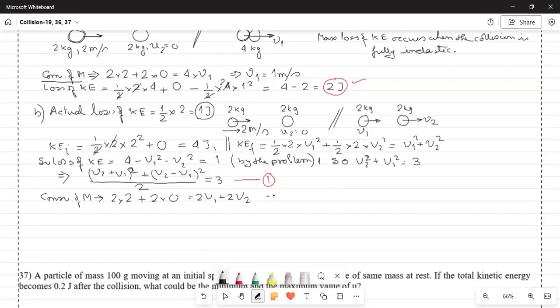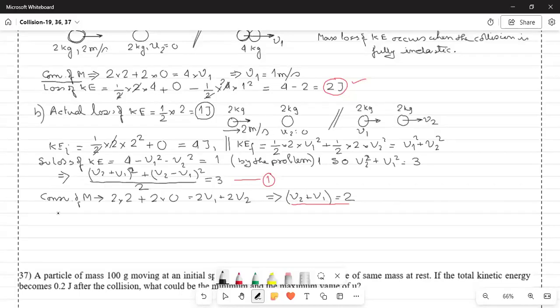So from here, we easily get v2 plus v1 equal to 2. Now let us find out v2 minus v1.